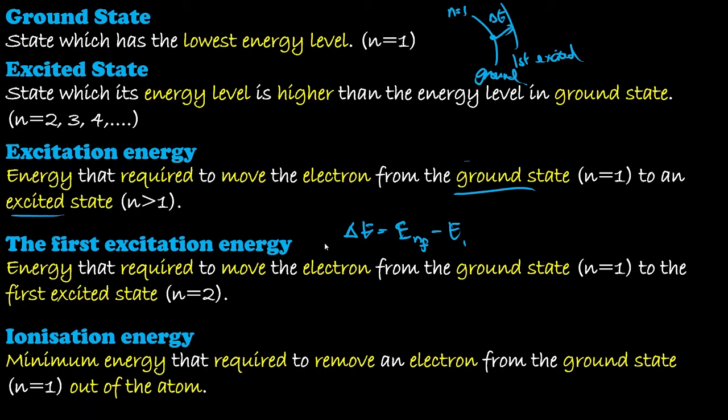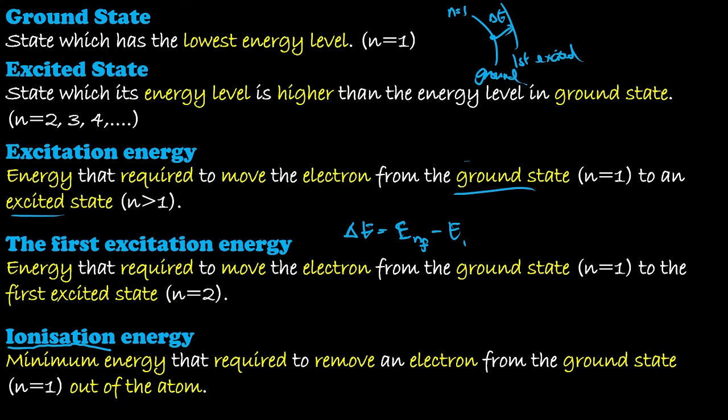Then what is ionization energy? I believe that you have seen this term. Ionization means an atom becomes ionized, becomes an ion. When we say ion, the electron is far from the nucleus, already released from the attraction between the nucleus and the electron.